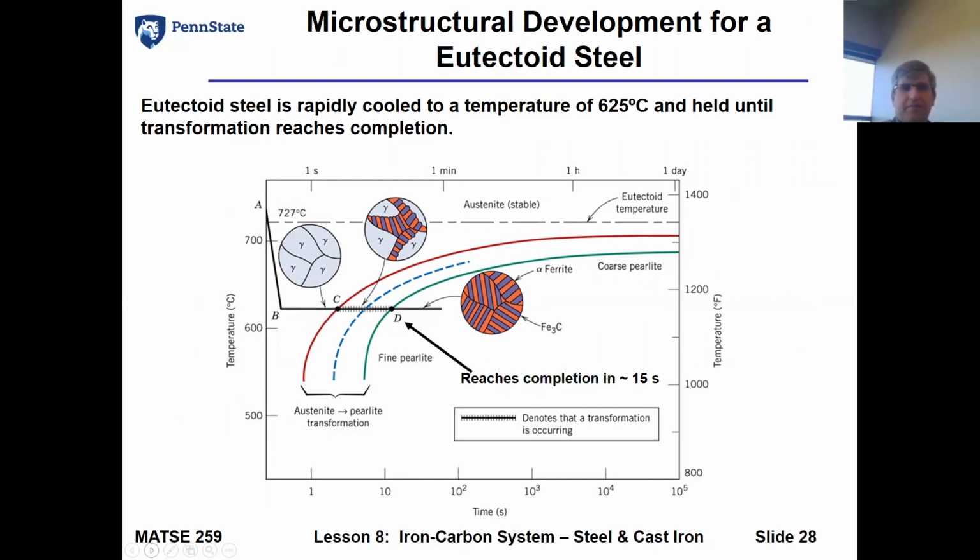Now, these are fairly easy to read because they've distilled so much information into a fairly simple combination of just time and temperature. So we know in these plots that everything starts with austenite. We talked a little bit in the past that austenite is this great eraser. If you make a mistake in the lower temperatures, all you need to do is heat back up into the austenite range, and it erases all those mistakes that were made.